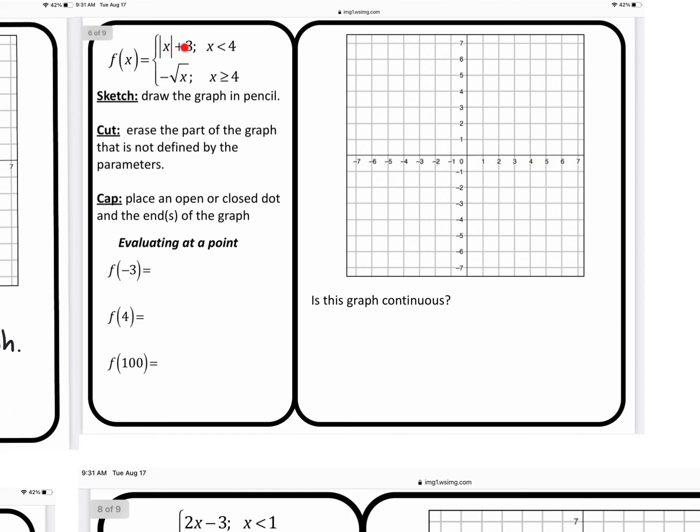Okay. So first thing that we want to do is graph this guy. So I'm going to go ahead and put that graph on the graph to the right, because that's part of our first step, which is sketch.